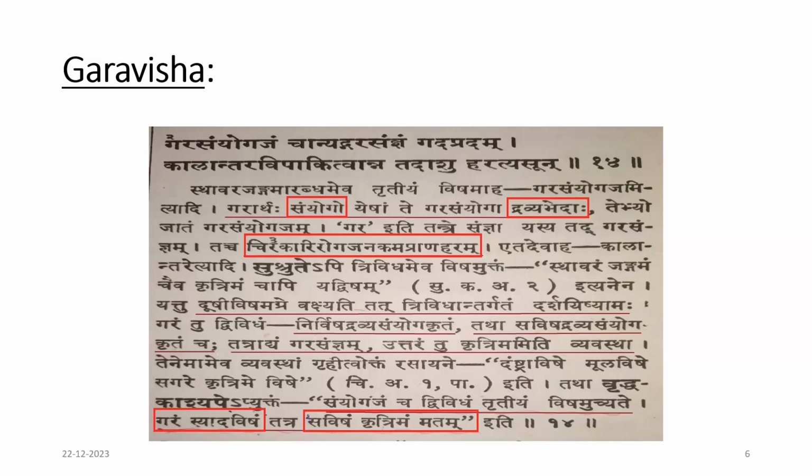See, Nirvisha Dravya Samyoga Krita and Savisha Dravya Samyoga Krita. Tatra Adyam Garasamjnakam. See, Garasamjna is Nirvisha Dravya Samyoga Krita, and this is directly related to Viruddha. Charaka Sutrasthana 26, if we see all the combinations, all the 18 types of Viruddha are actually Nirvisha. They are totally harmless. Once they are combined in a specific pattern, or processed in a specific pattern, or taken in a specific duration in a specific period, that can lead to a disorder.